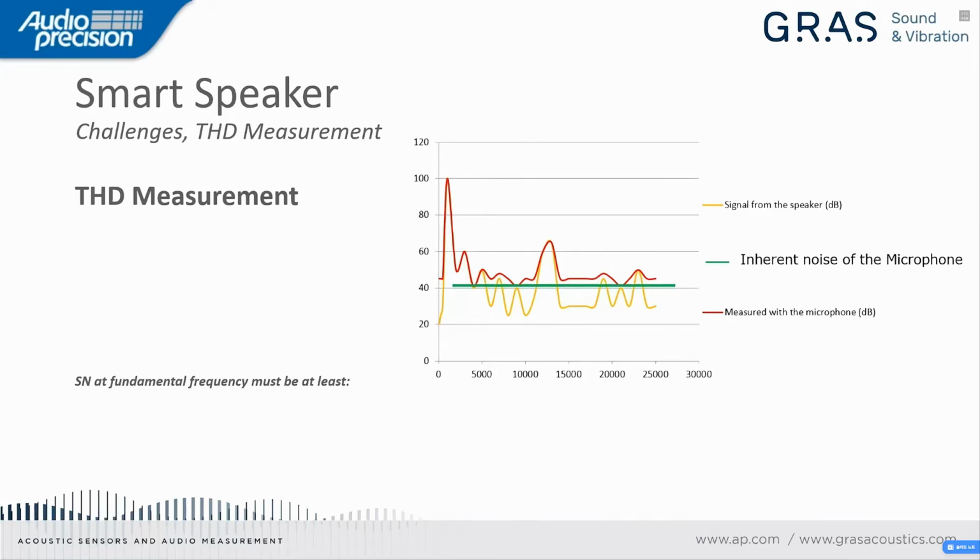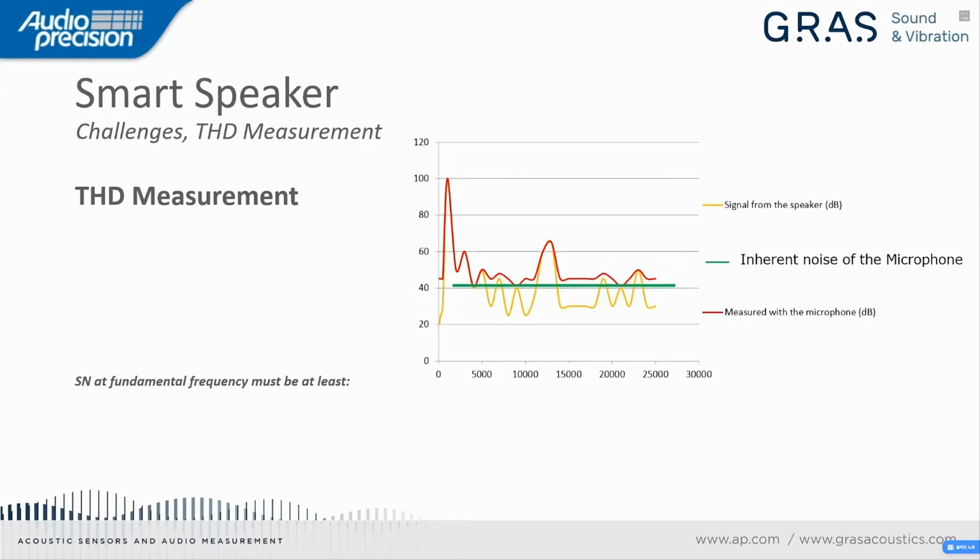When we are doing these THD measurements, it is very important that we have selected our microphone so it will cover the expected range of interest. And here we are talking about the dynamic range, so the self noise or inherent noise of the microphone isn't too high.